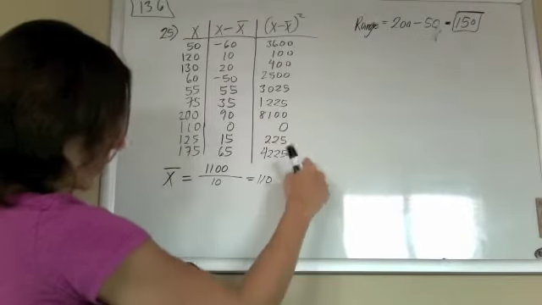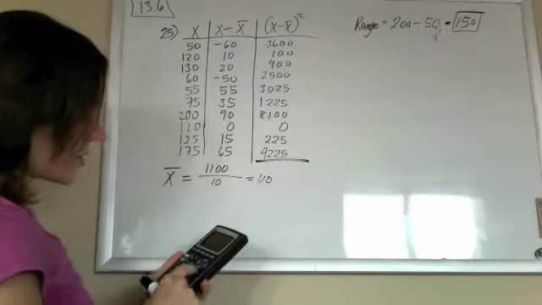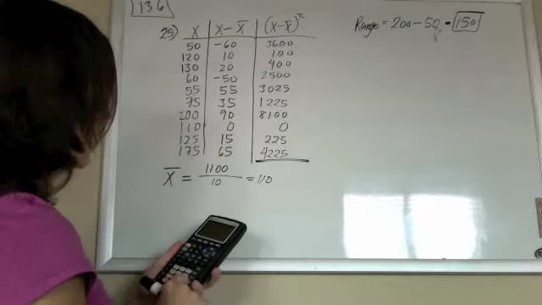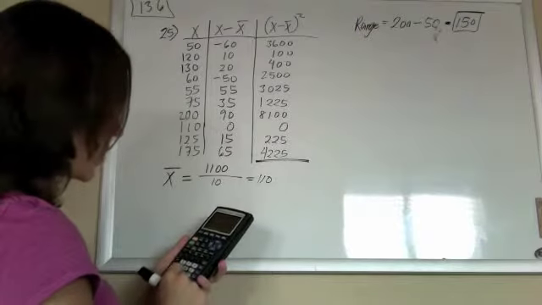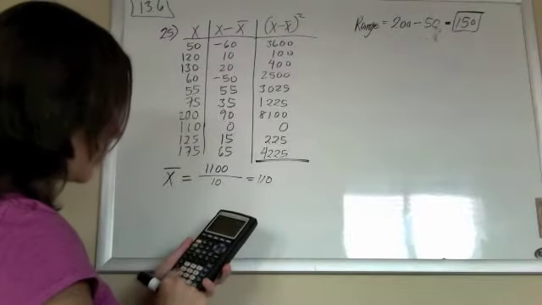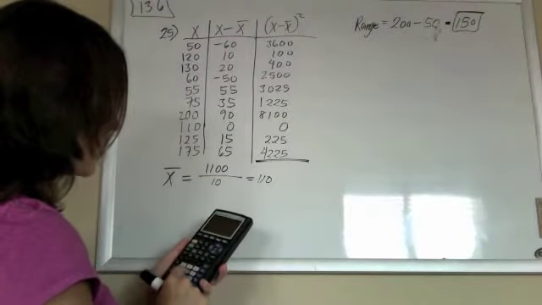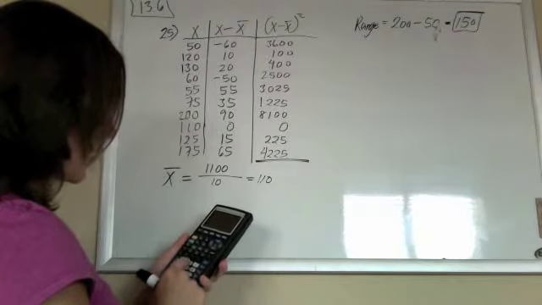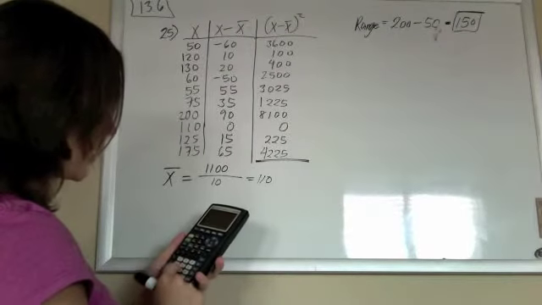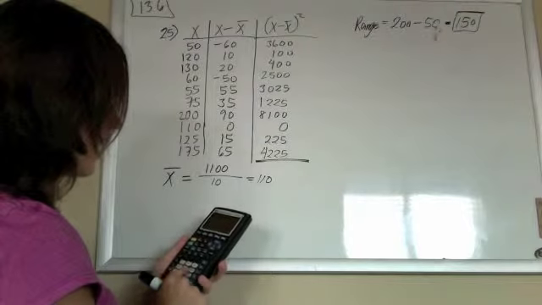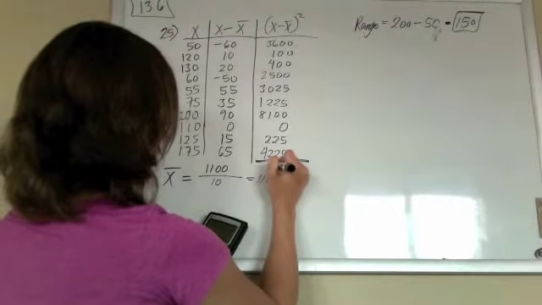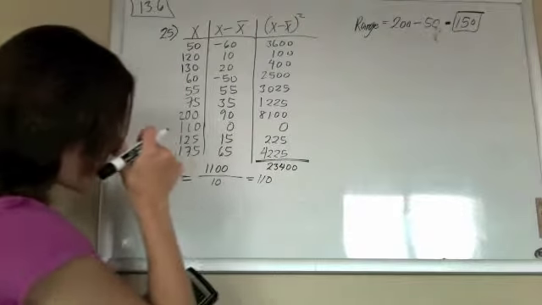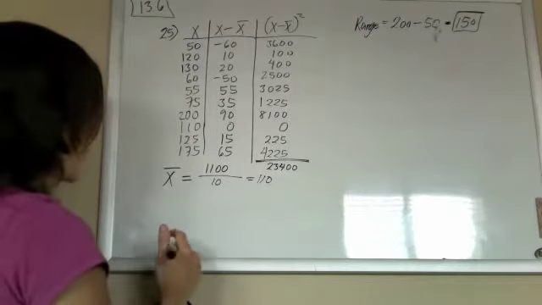So we're going to add all these up. So 3600 plus 100 plus 400 plus 2500 plus 3025 plus 1225 plus 8100 plus 0 plus 225 plus 4225 gives you 23400. Almost there.